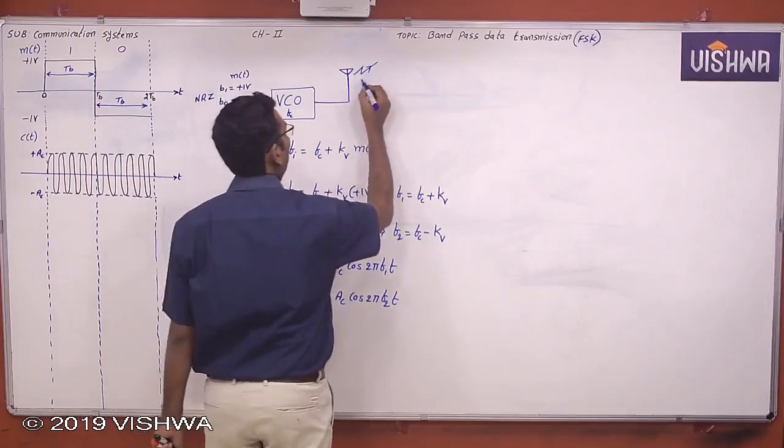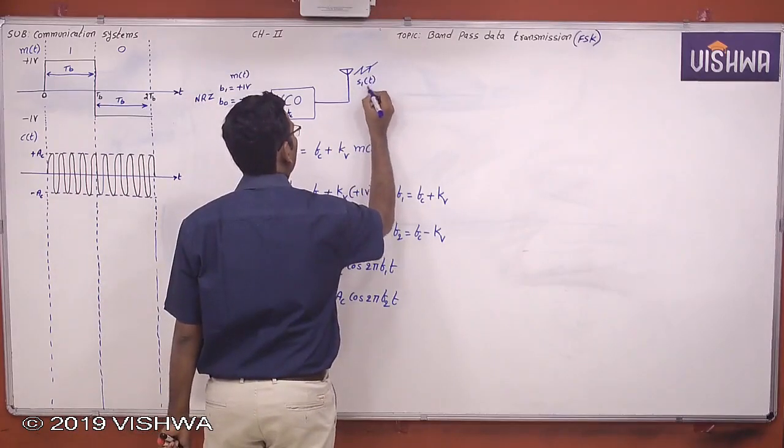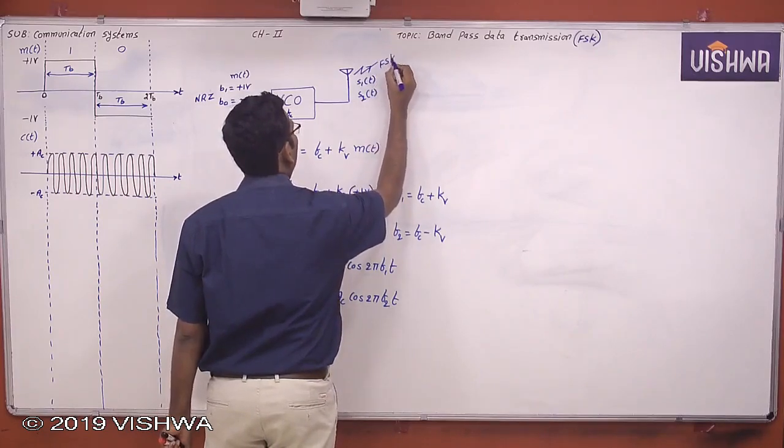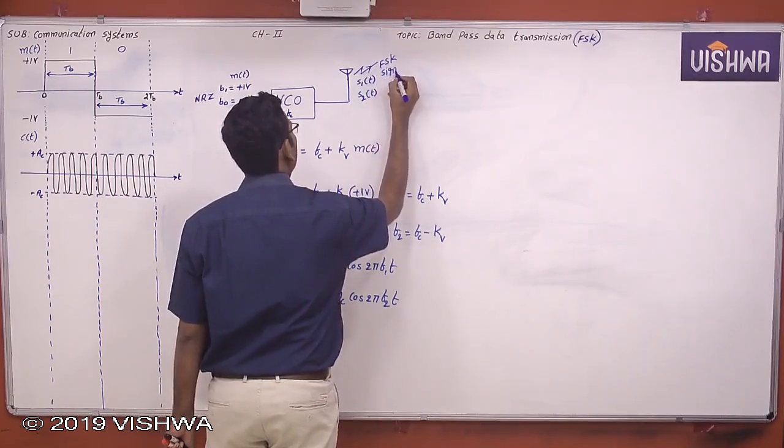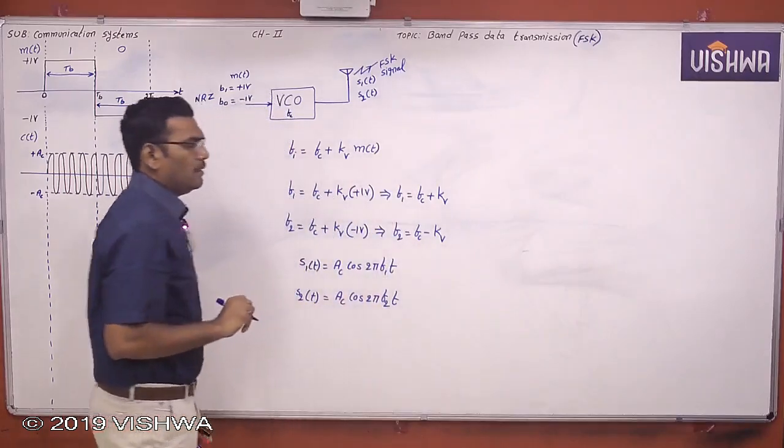Therefore this is called the frequency shift keying signal, the FSK signal, in time domain.